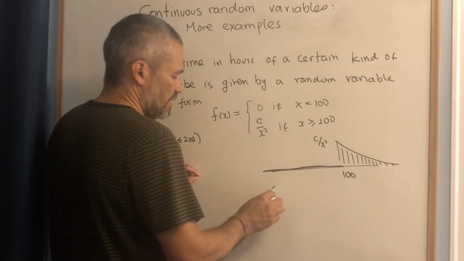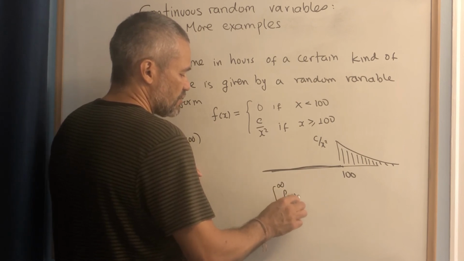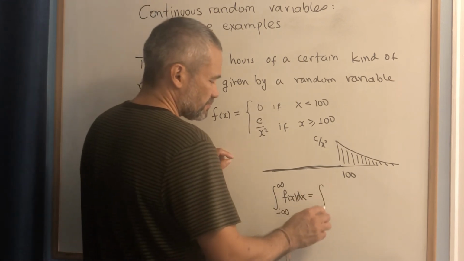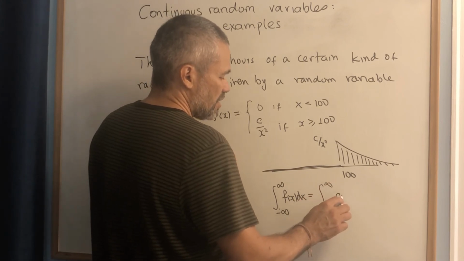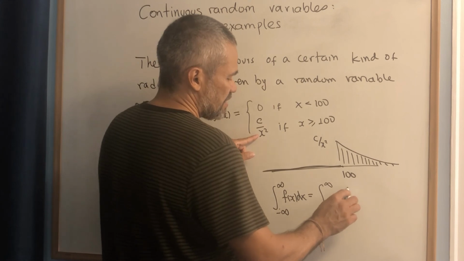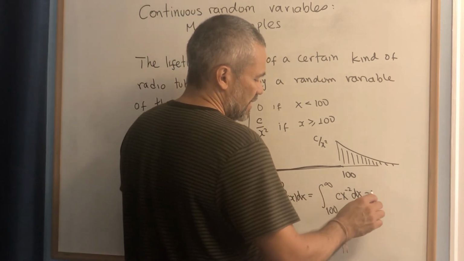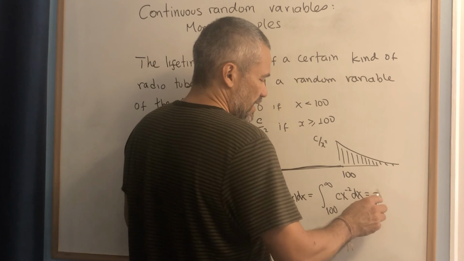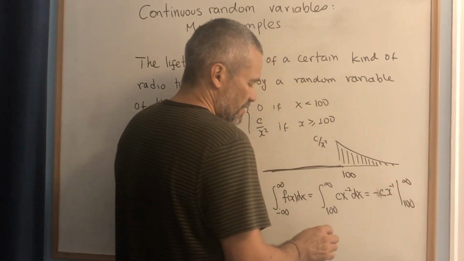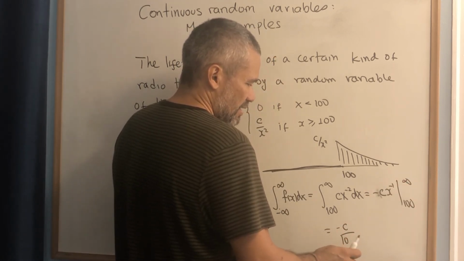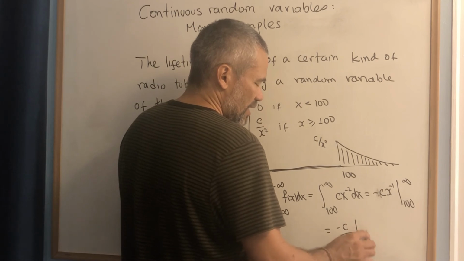Let's compute this integral. The integral from negative infinity to infinity of the density function, because of this splitting, is just the integral from 100 to infinity of C over x squared, which is the same as C x to the negative 2 dx. The antiderivative of C x to the negative 2 is negative C x to the negative 1, which is negative C over x, between 100 and infinity.